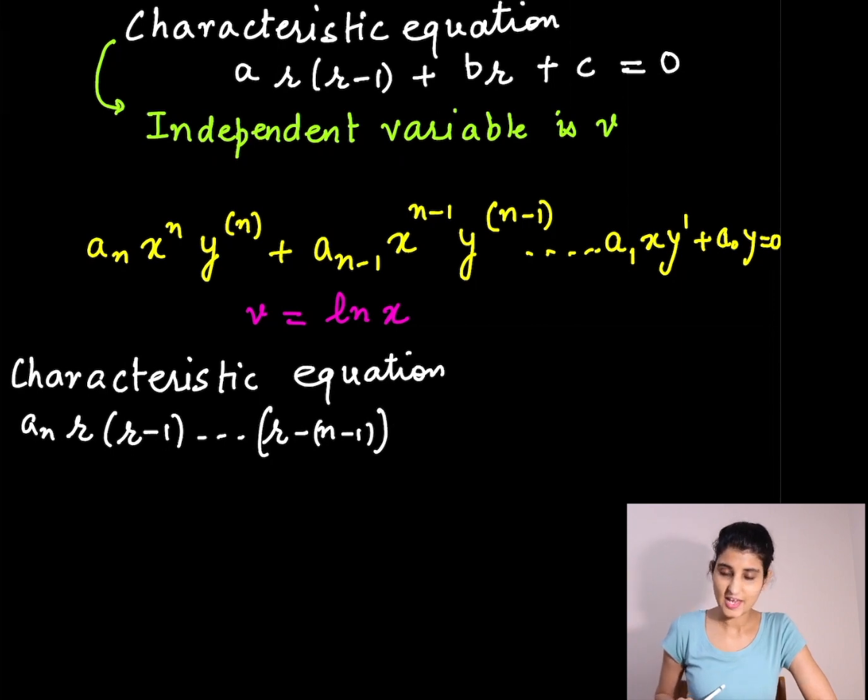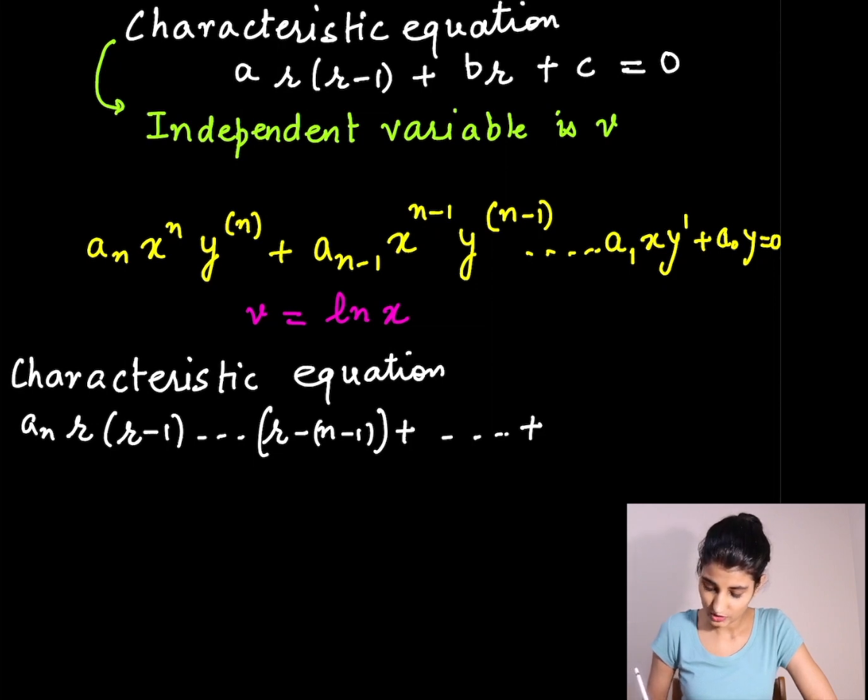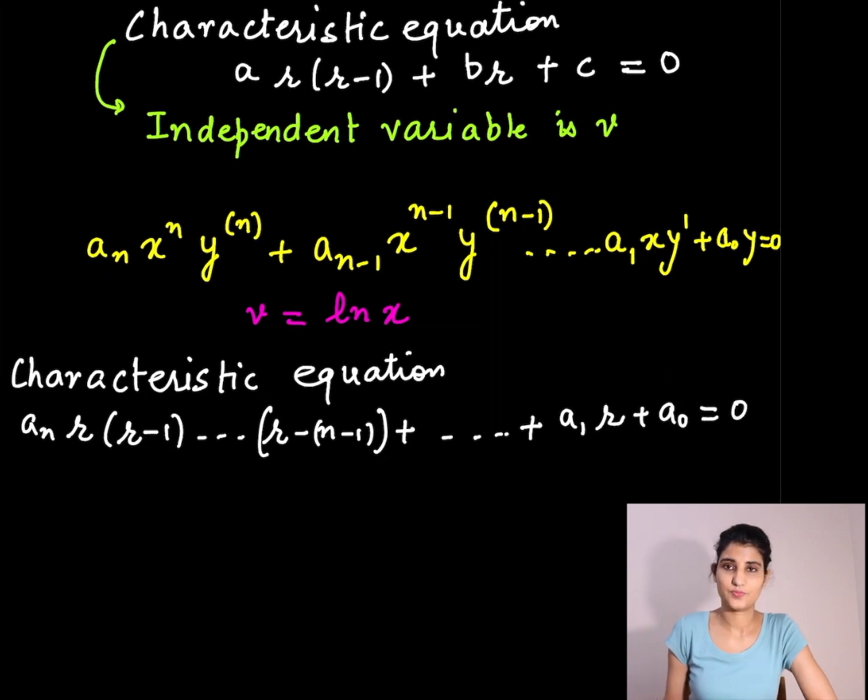So basically we have these n terms for the nth derivative, and the last term is r minus (n minus 1). Similarly you can write for the others. I'm just writing the last two terms, which are a_1 r plus a_0 equal to 0.